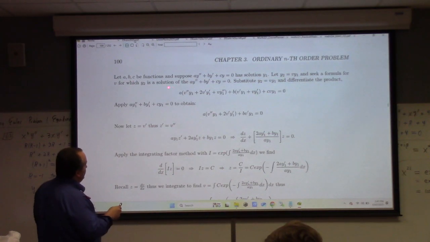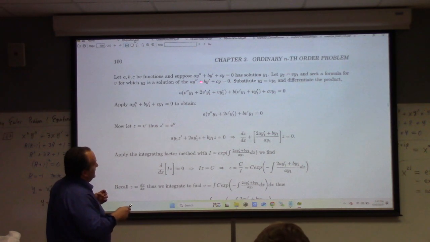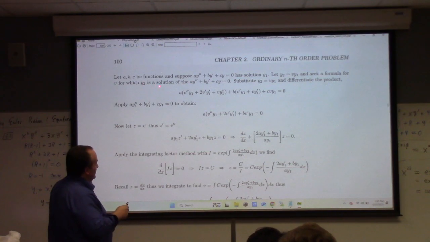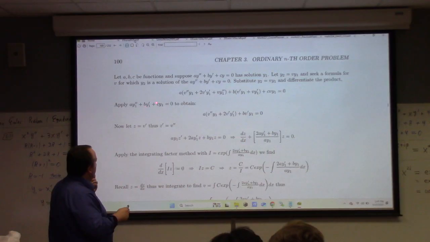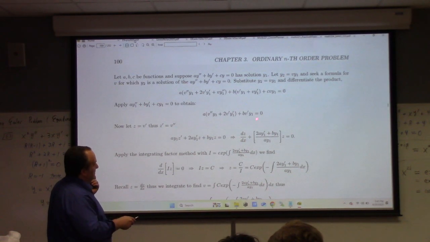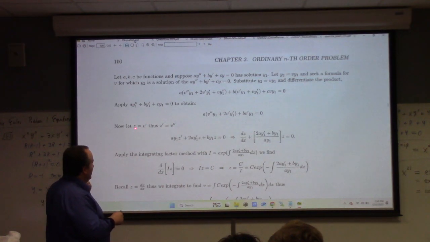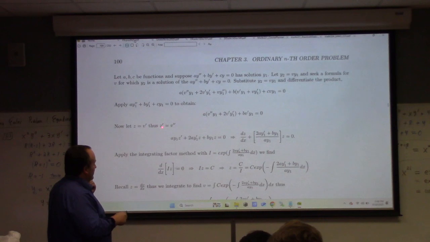You plug that into the differential equation. I mean, you want y2 to be a solution, obviously. So when you plug it in, it gives you this business, but you already know that y1 is a solution, so that's 0, which makes this simplify to that. And then we make a velocity substitution, z equals v prime, which gives z prime is v double prime, which then gives you this first order differential equation in z, like I was talking about.